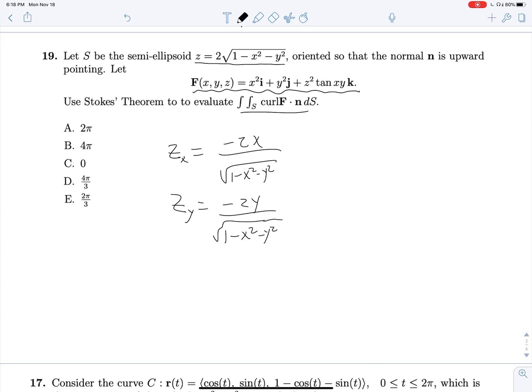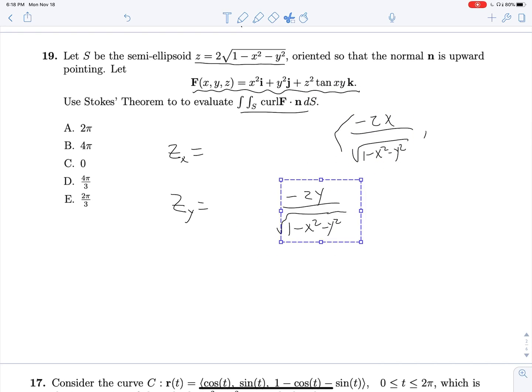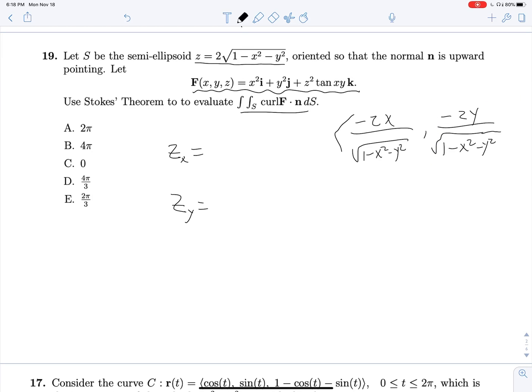And so we can form our whole normal vector with this, and we want an upward pointing normal vector. So we notice that we have to have the negative zx and negative zy. So these signs actually get flipped.